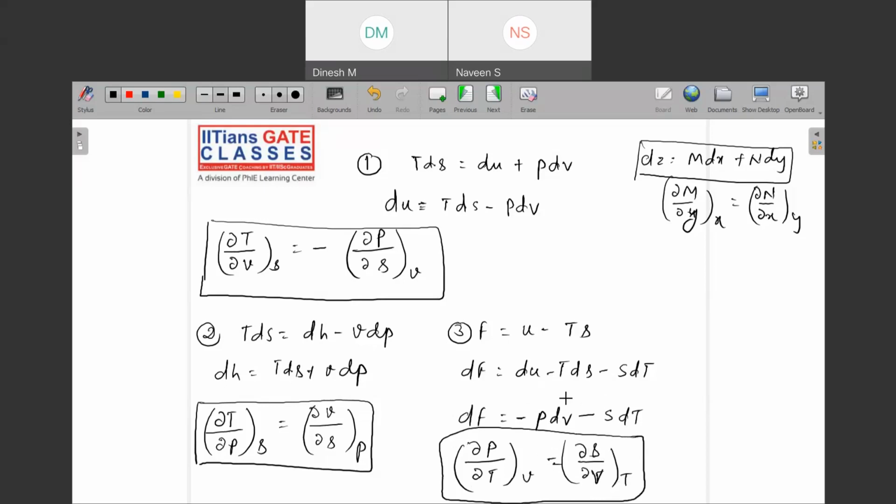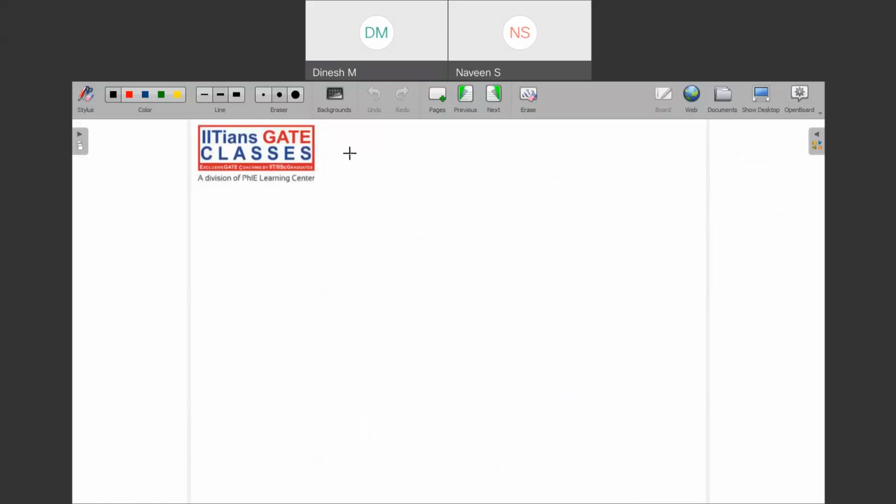Okay. And let us move to the fourth one. The fourth will help to find out the fourth equation, the Gibbs function. So we know that G is equal to H minus TS. Again you take the differential, then how can you write this one: dG is equal to dH minus TdS minus SdT. Can I write? Yeah.